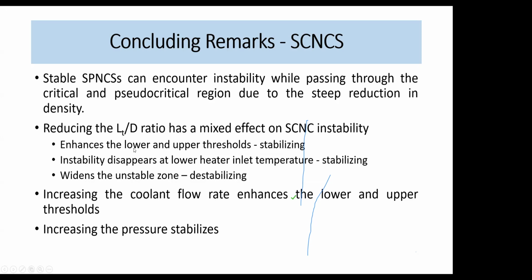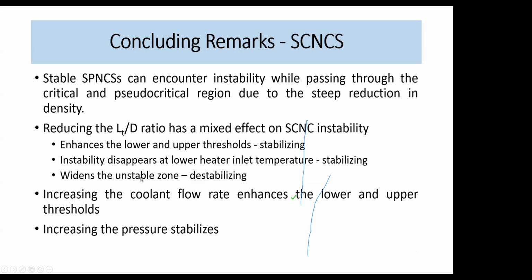In some sense, it enhances the lower and upper thresholds. That is, if you reduce LT by D ratio, we find the lower and upper thresholds are enhanced, and that way it is stabilizing. Instability also disappears at a lower heater inlet temperature, which is also stabilizing. But then the unstable zone widens.